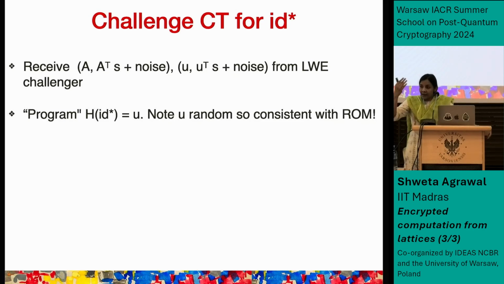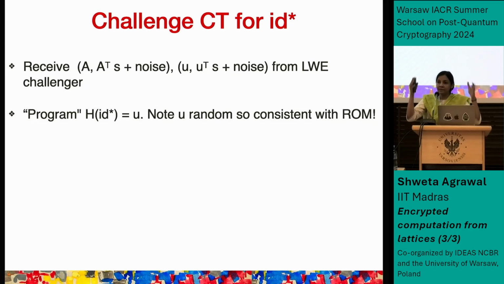But now the challenger has given me this U. So I need it to somehow be the case that H of ID star is equal to the U that I received from the challenger. And the random oracle actually allows me to do this programming. I can just maintain a table where I say that H of ID star, I'm going to set it as this U.